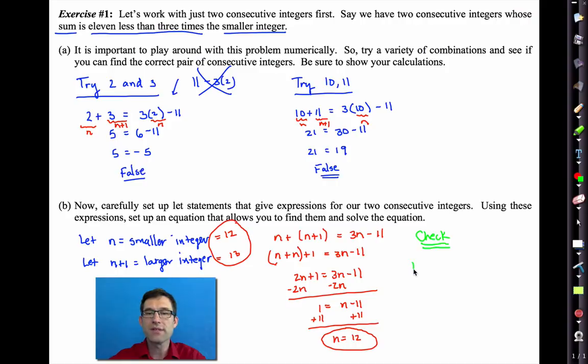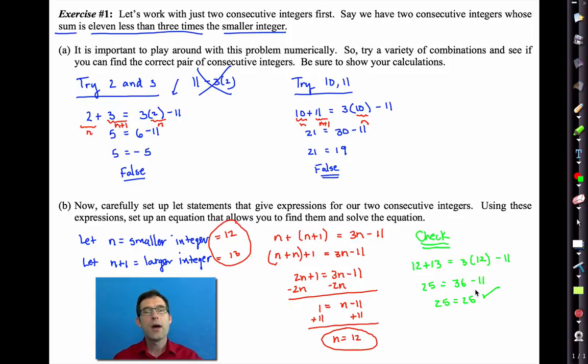If we find the sum of the two numbers, 12 plus 13, we get 25, and 3 times 12 is 36, minus 11 is 25. In fact, 25 is 25. So we know we have the right answer.